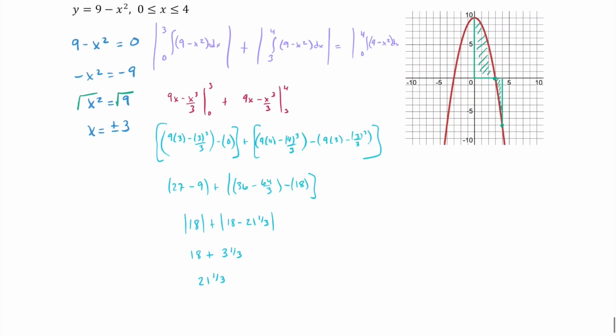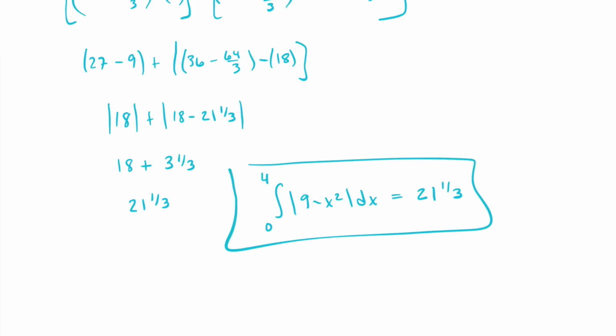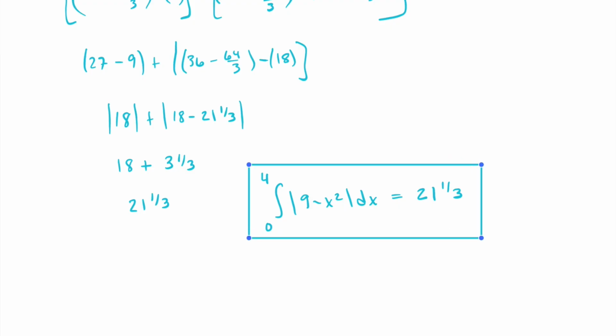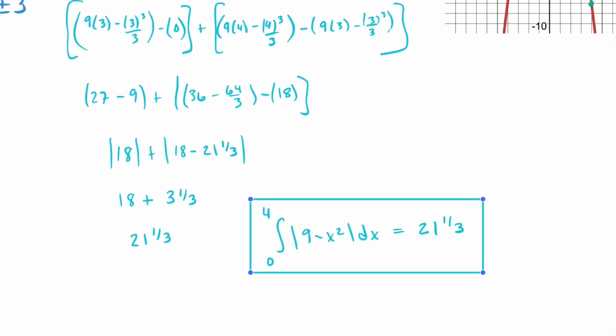So the absolute value of the integral, if you did it in your calculator, if you went from 0 to 4 and you put the absolute value of 9 minus x squared dx, you would have actually gotten 21 and a third for a solution. If you didn't use the absolute value, it would have been 18 take away 3 and a third, which is 14 and 2/3.